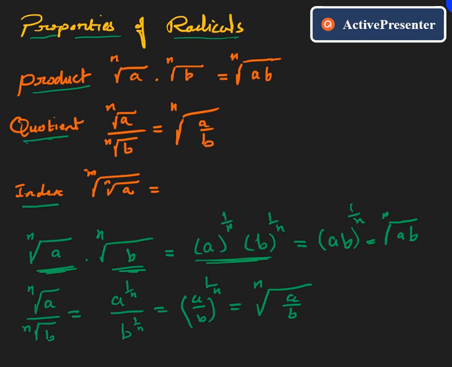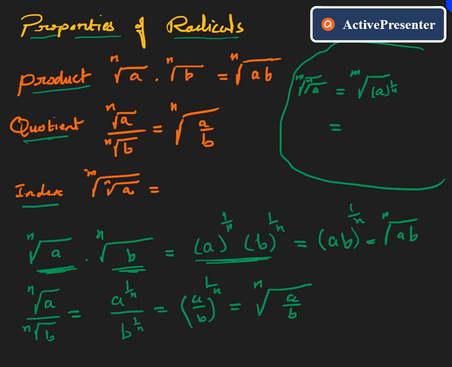Similarly, if we would like to find the index property, let's write here. The mth root of the nth root of a is equal to the mth root of a to the power 1 over n, right?